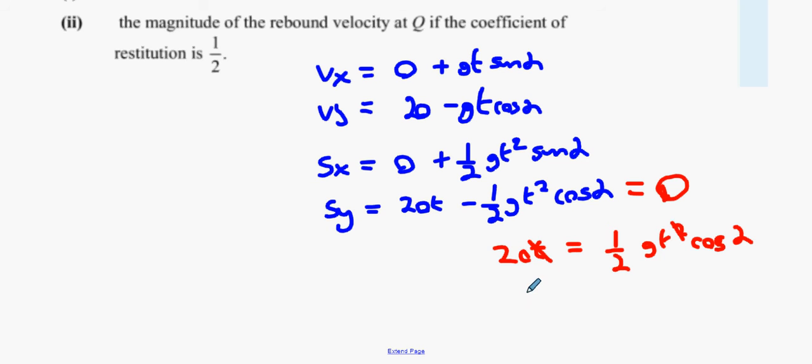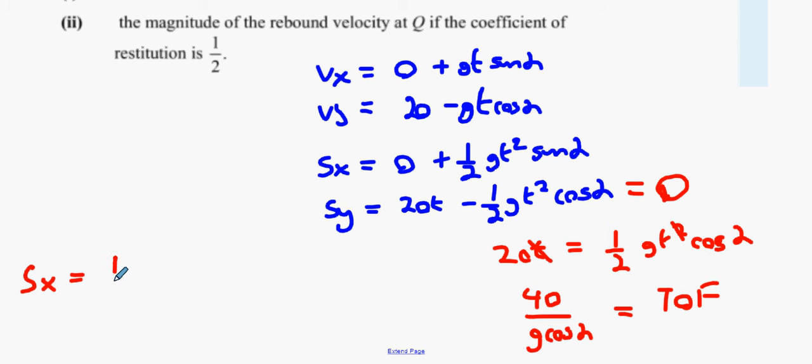We're going to get 40 over g cos alpha is our time of flight. There we go. Insert that into sx, and sx will be a half g. I'm going to square it before I put it in. So 40 squared is 1,600, and that's going to be g squared cos squared alpha. And then over here is a sine alpha, isn't it?